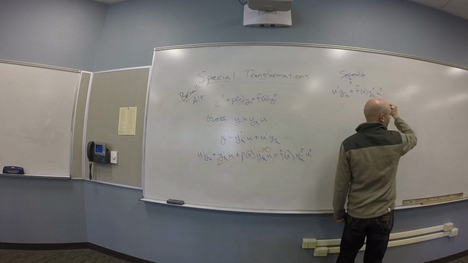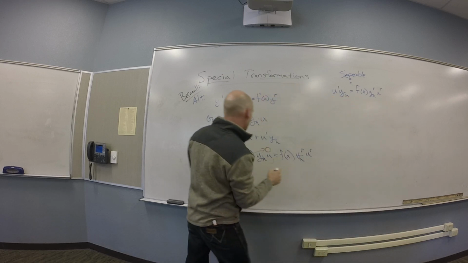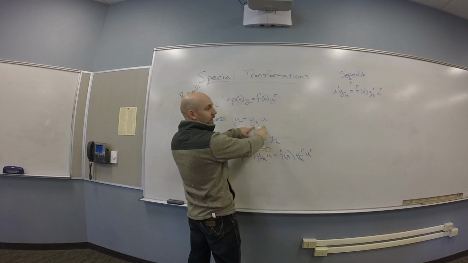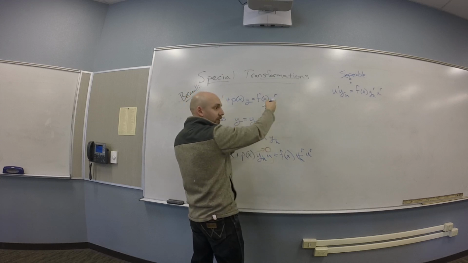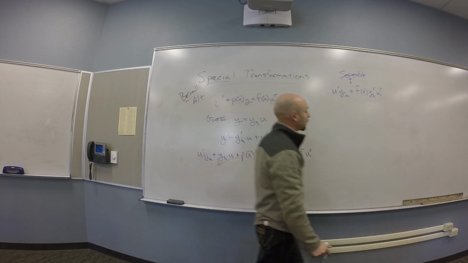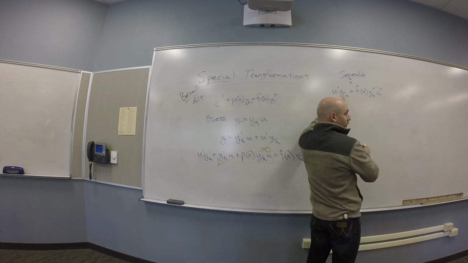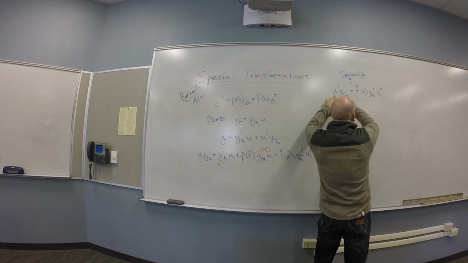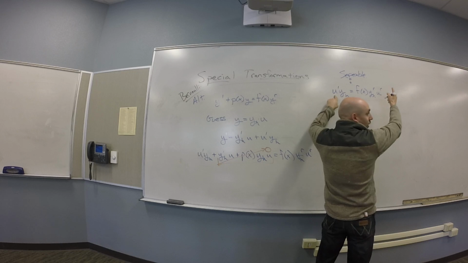Where did that u to the r come from, looking back at that? That came from, I had a y to the r on this side, and y was y_H times u. So I took y_H times u quantity to the r, and I bumped that power on. This is a known function of x, that's a known function of x, so you've got u prime times a function of x is some other function of x times u to some power.